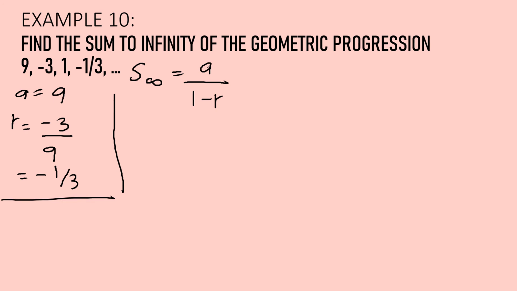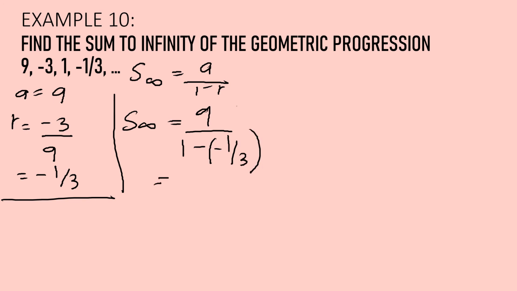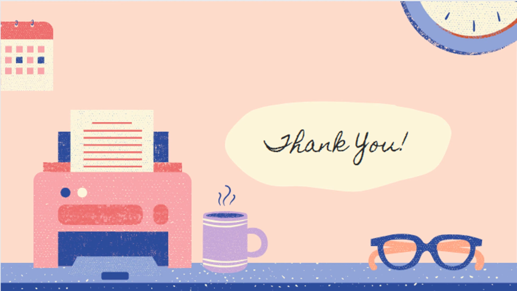Then substitute: 9 over 1 minus negative 1 over 3, so it equals 675. So this is the last of it. Thank you.